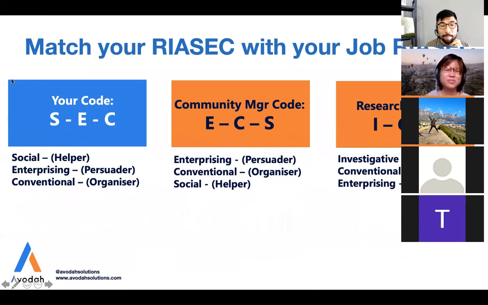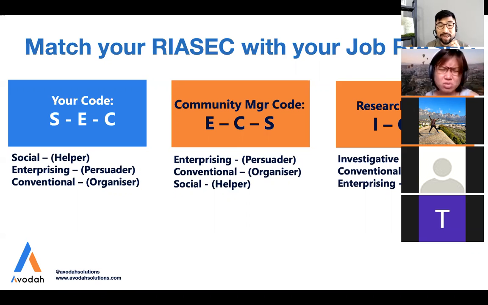There you have it. My RIASEC code is S, E, and C. The 2 other roles that I'm interested in have ECS and ICE. So when you look at this and you're wondering which one would be a better fit for me, you just look at the letters, which ones actually have more overlap with your code. In this particular case, the community manager, right?